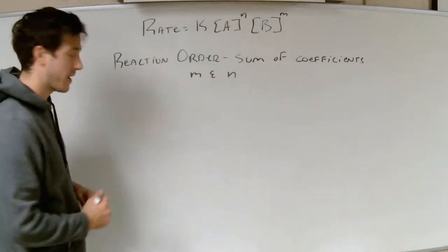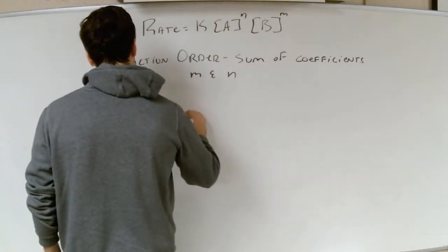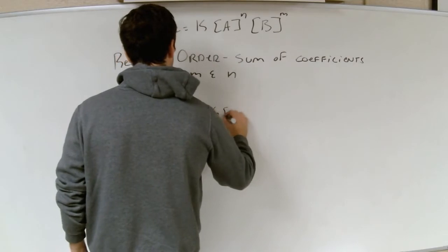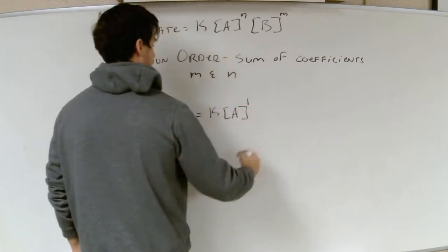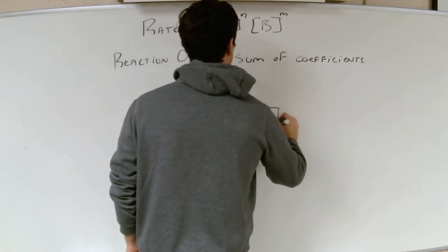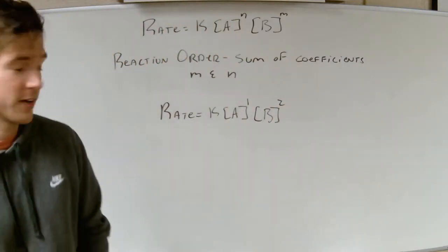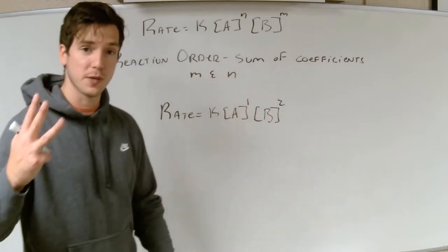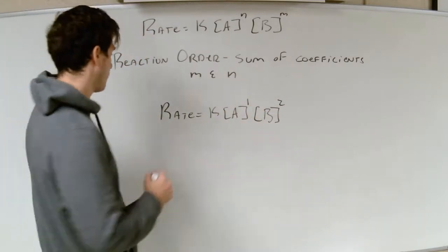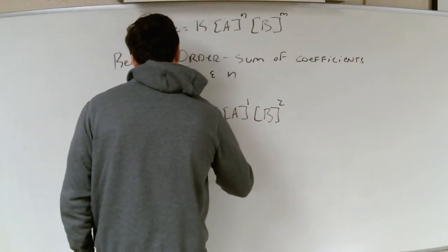So say we have a rate law that is rate equals K, A to the 1, and B to the second. Our overall reaction order, when we add 1 and 2 up, is 3. So our overall reaction order will be third order.